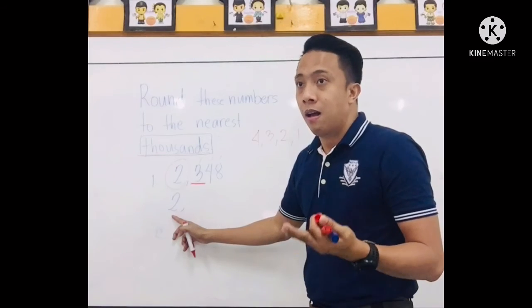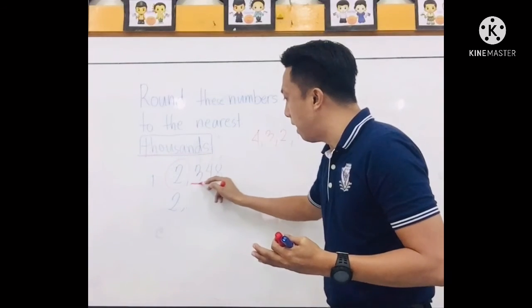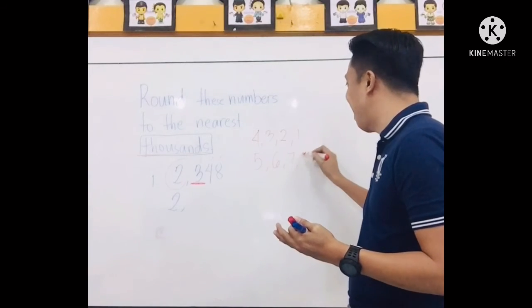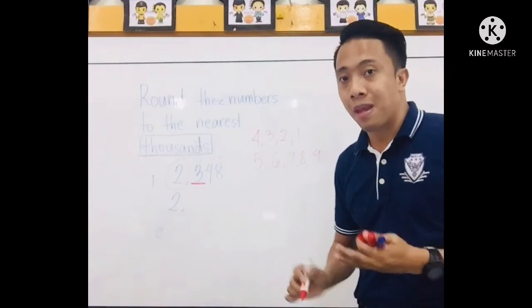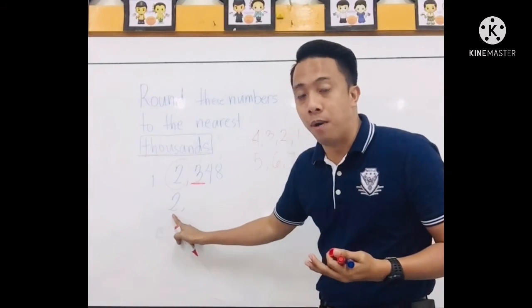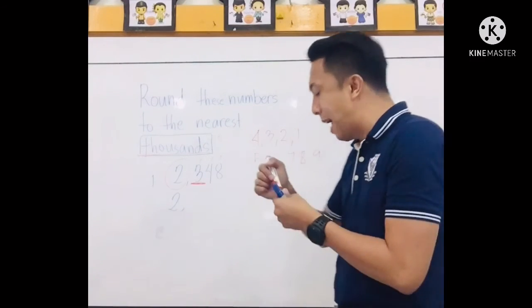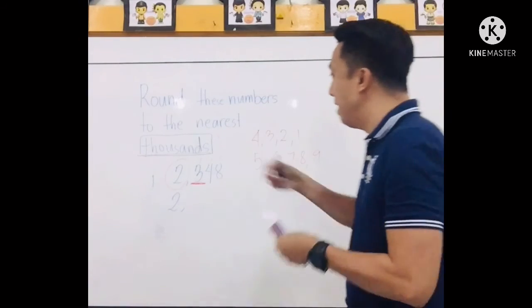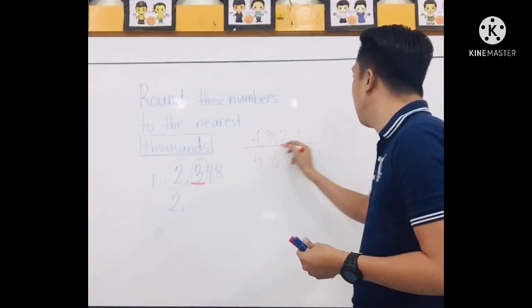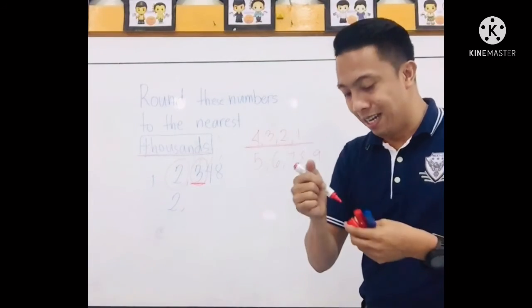But if the number here is 5, 6, 7, 8, or 9, then we need to add 1 on the given number. Did you understand? Now, since our number on the right is 3, and this is part of the ignore group, we will not add 1.